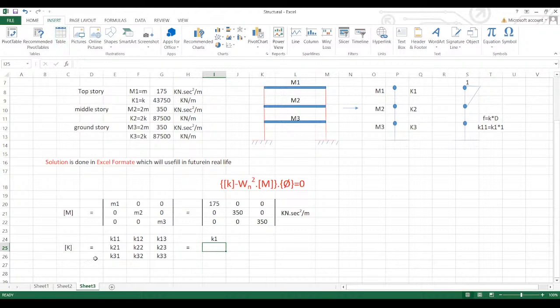That means K21 is equal to minus K1 into 1, that is minus K1.